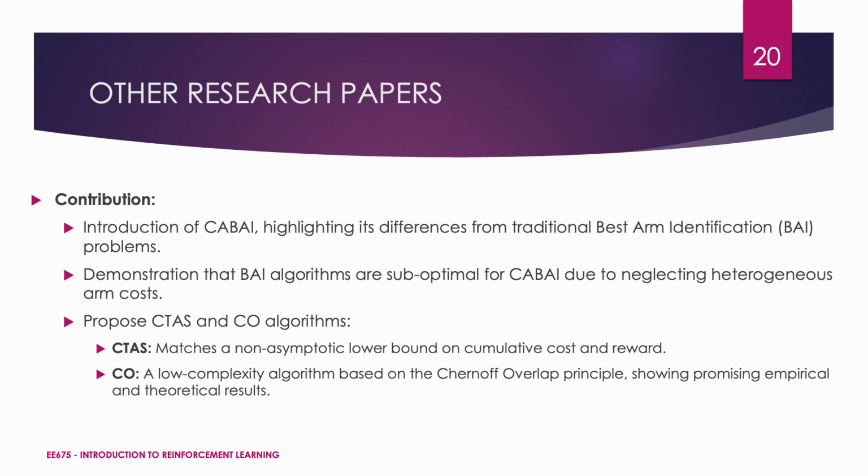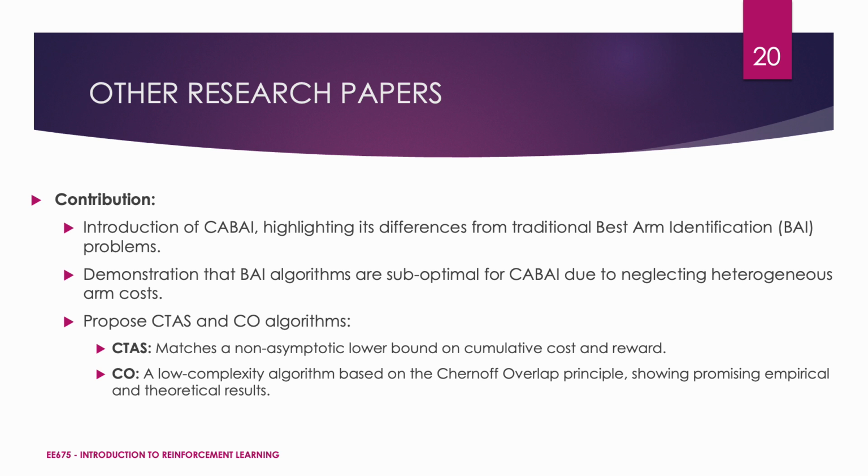The paper also demonstrates that traditional BAI, that is best arm identification algorithms, are suboptimal for CABAI due to neglecting heterogeneous arm costs. This highlights the importance of developing specialized algorithms that explicitly consider both rewards and costs.